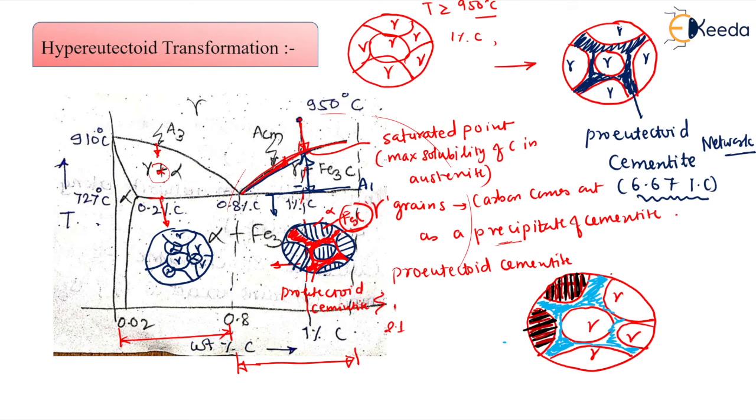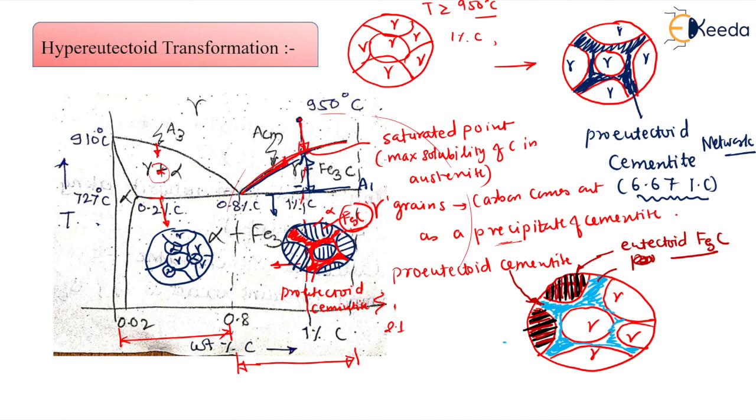So dear students, see, this is the proeutectoid cementite, in blue color, and this black color within this grain of gamma, gamma will be no more. So this is the eutectoid cementite, Fe3C.